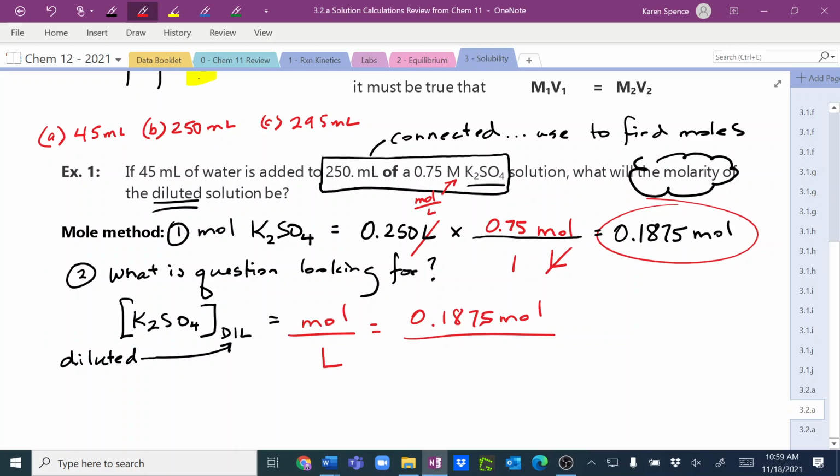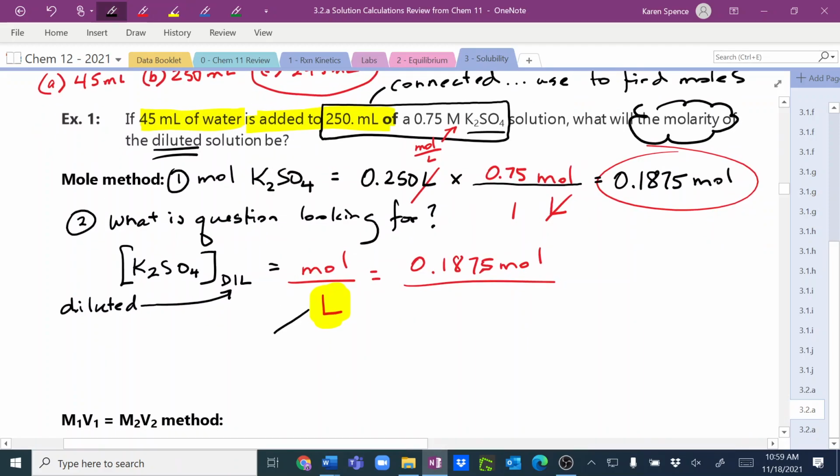Yeah, so it does actually end up being 295, and that's because we have taken 45 milliliters of water and added it to the 250. So this down here is going to be our final volume.